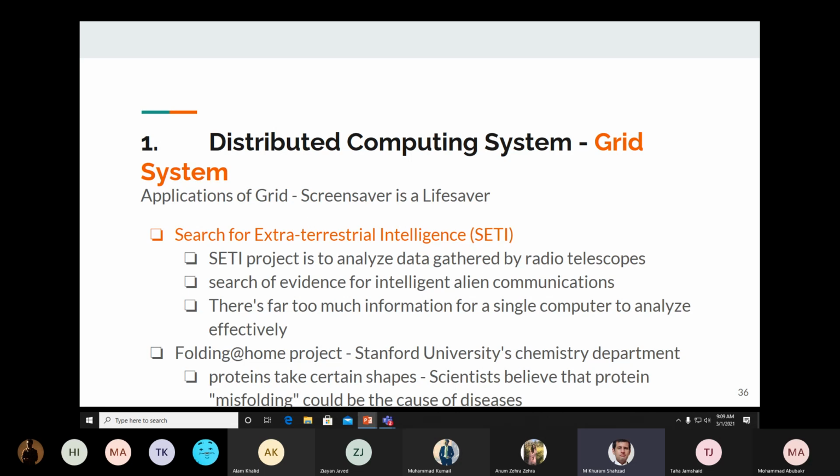Maybe they send some message which makes sense and is logical, and things from their perspective are coded in a way that there should be some intelligence behind it, right? So this is one of the examples. There's far too much information for a single computer to analyze effectively and efficiently.